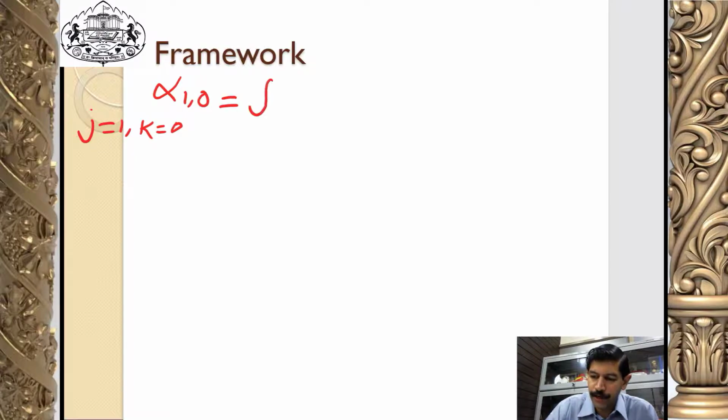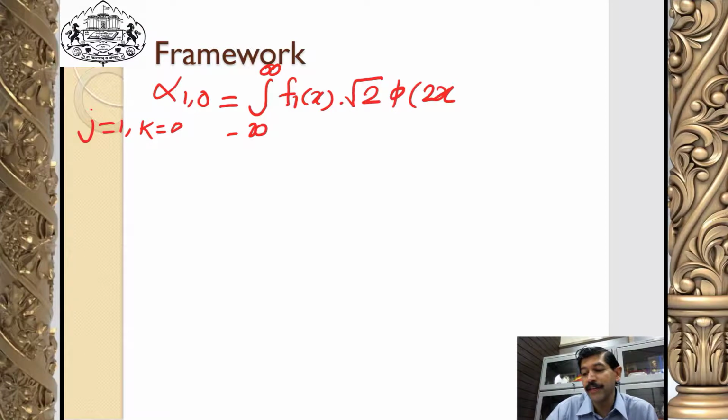So it will be integral from minus infinity to plus infinity, and then f1 of x. It's the same function projected in V1, into 2 raised to j by 2, that will be square root of 2, into phi of twice x minus k, but k is 0, that's why phi of twice x, into dx.